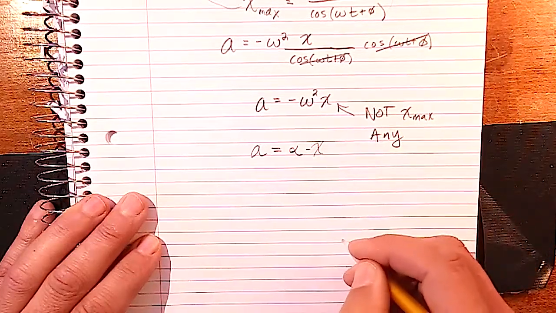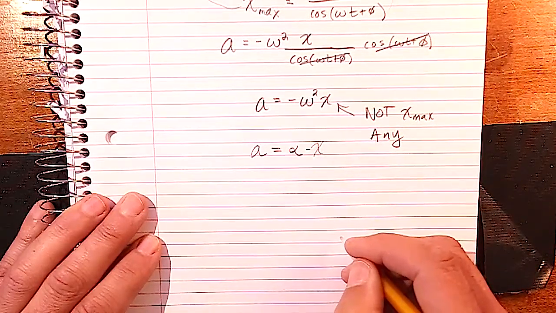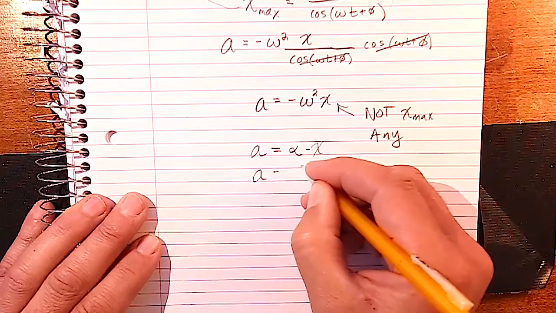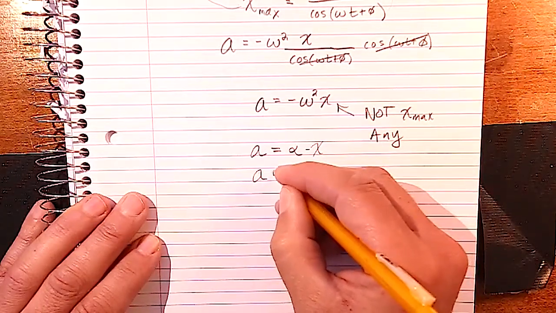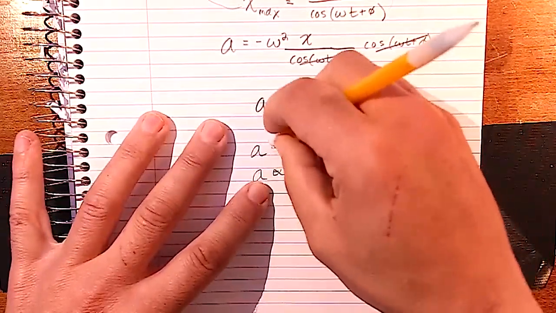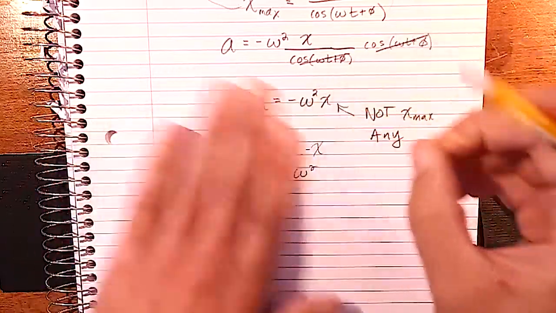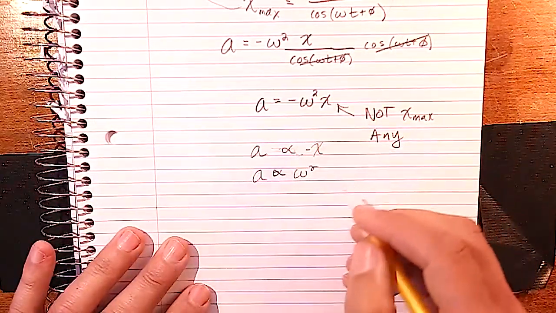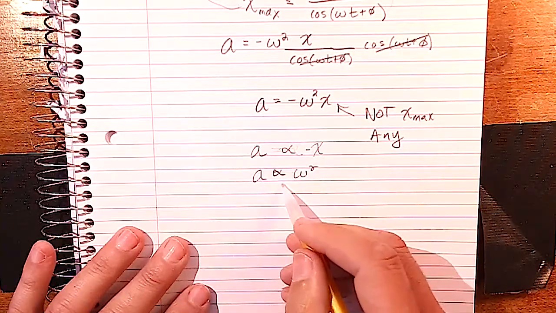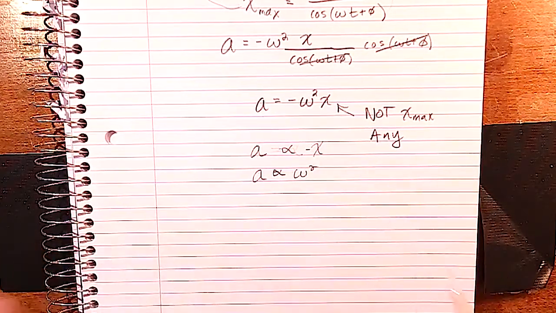Actually, it's going to be negative x, right? Because it's opposite. And we can also say that a is directly proportional to omega squared. I shouldn't have written it like equals. I should have just said proportional to. The same idea, that a is proportional to negative x and a is proportional to omega squared.